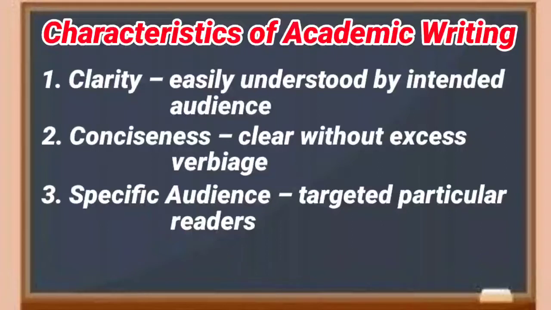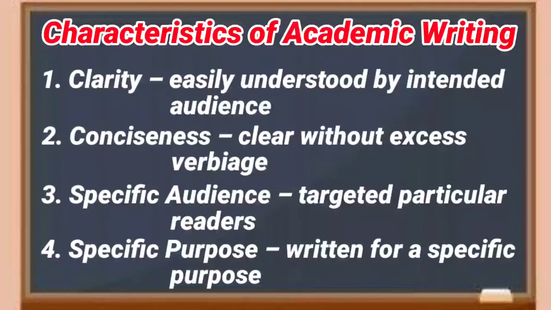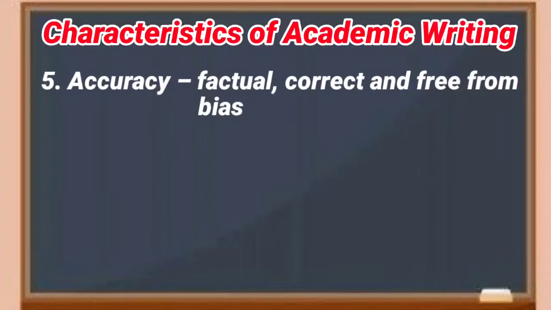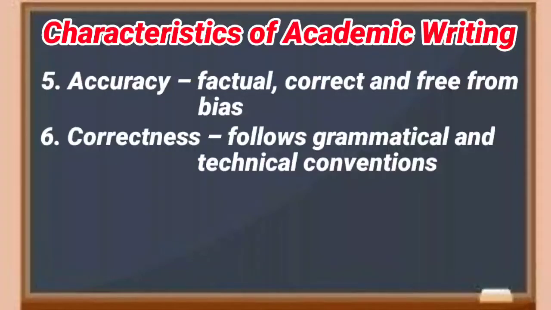The next one is specific purpose. Academic writing is written for a specific purpose. Next is accuracy. It should be factual, correct, and free from bias. Another feature of academic writing is correctness.